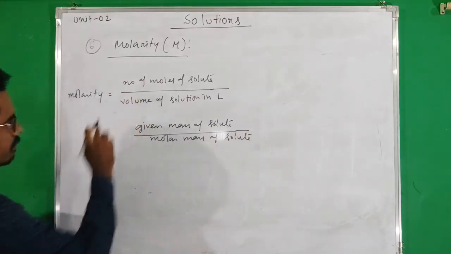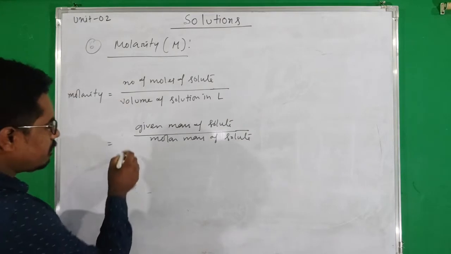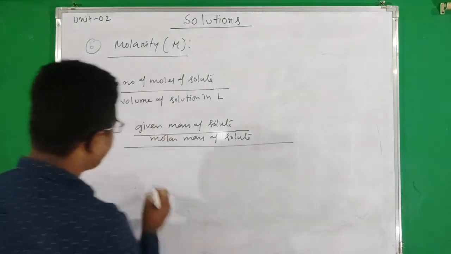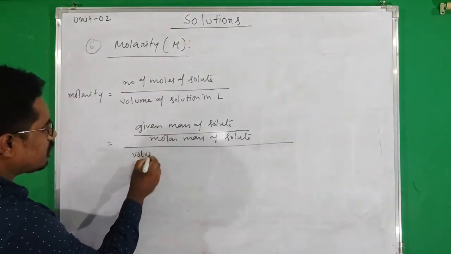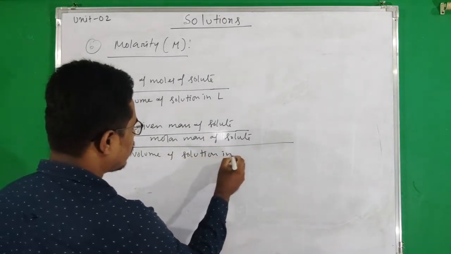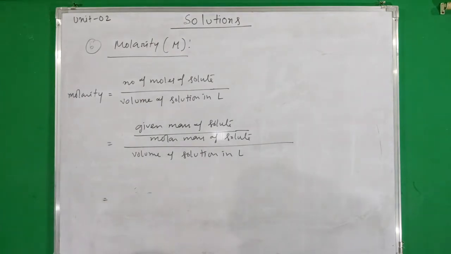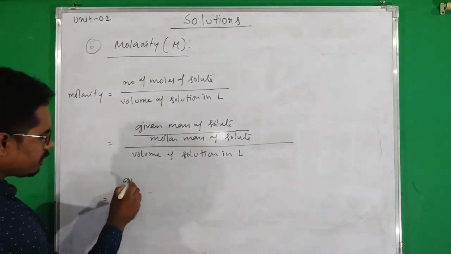For the number of moles of solute we put here the given mass of solute divided by molar mass of solute, and then volume of solution in liter.